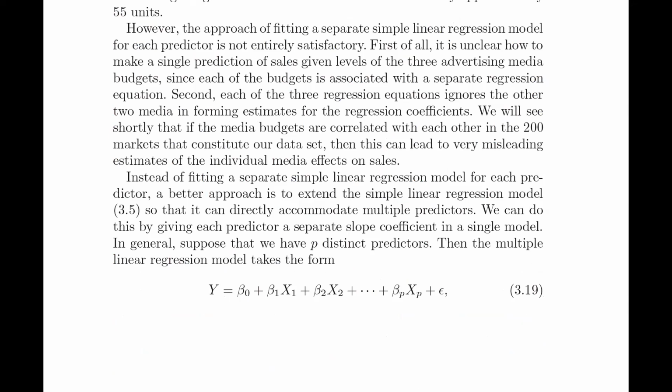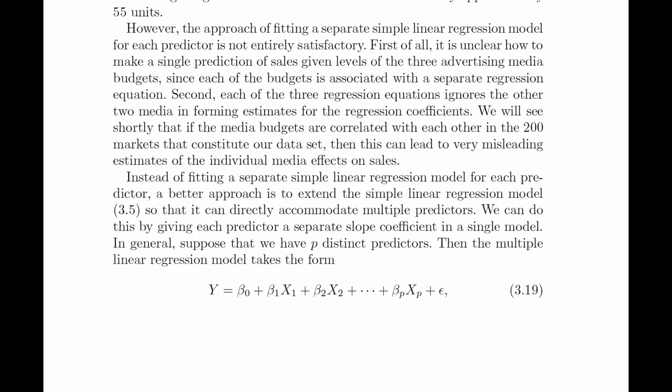We can do this by giving each predictor a separate slope coefficient in a single model. In general, suppose that we have p distinct predictors. So, for example, 3 of them: TV, radio, and newspapers. Then the multiple linear regression model takes this form.